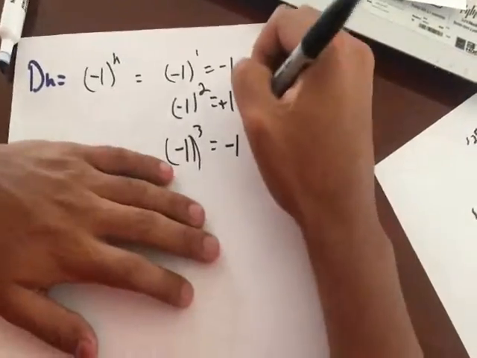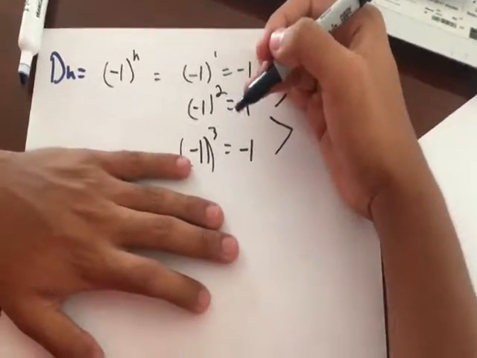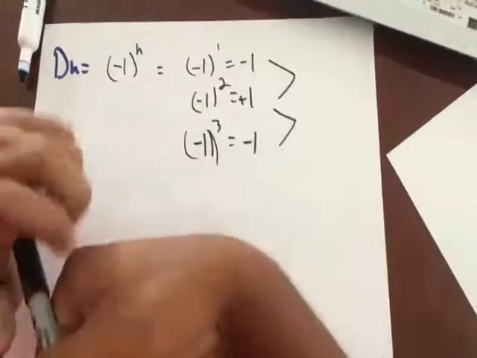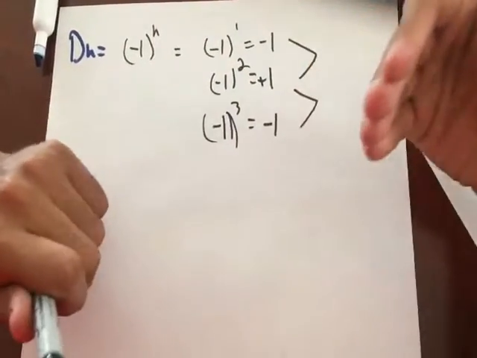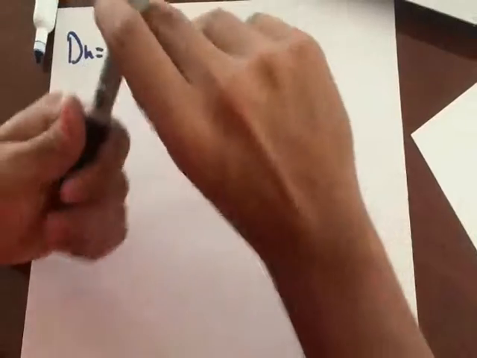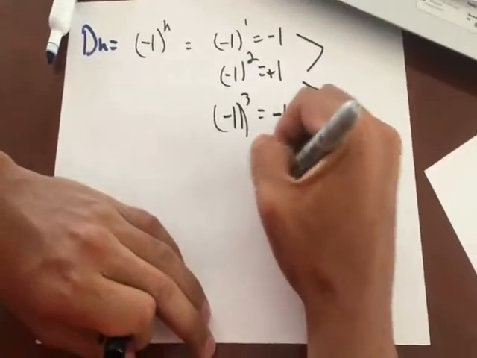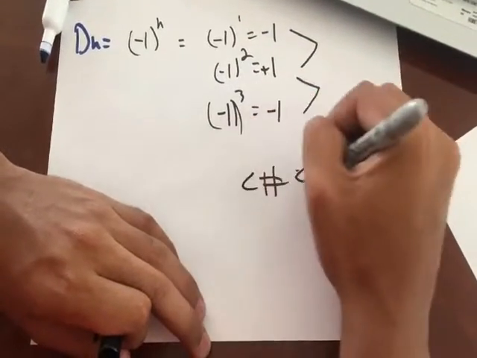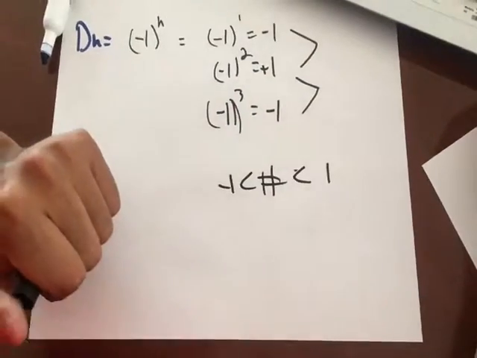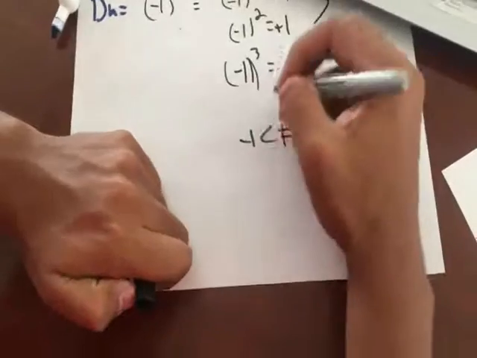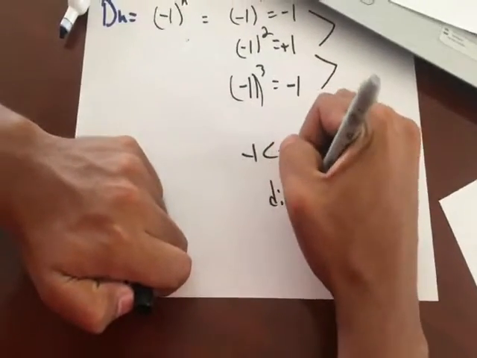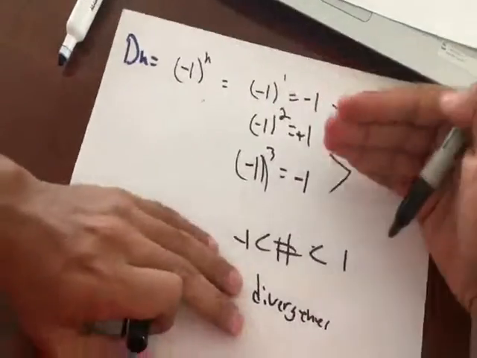So it oscillates between negative 1 and positive 1. Even though it does not go to infinity, it also does not approach a certain value. The number just oscillates between 1 and negative 1. So we can infer that this sequence diverges since it does not approach a certain value.